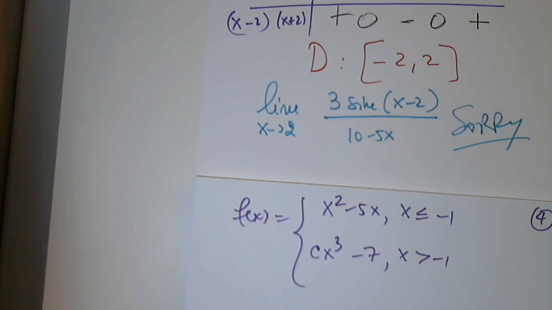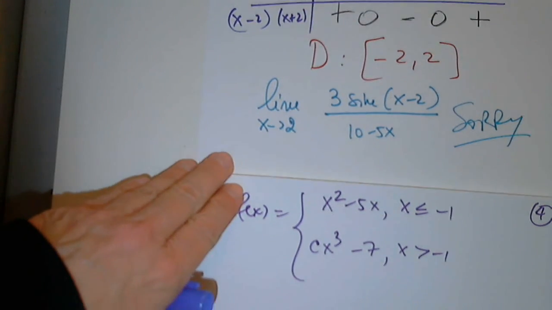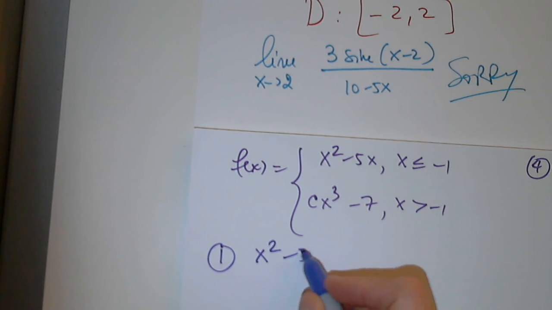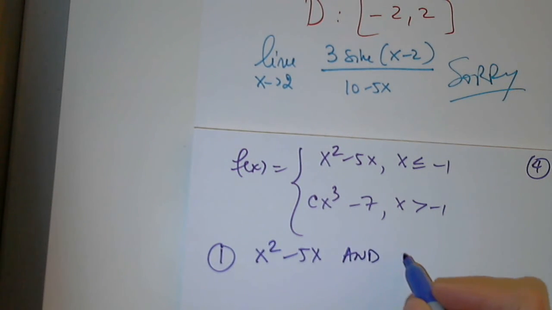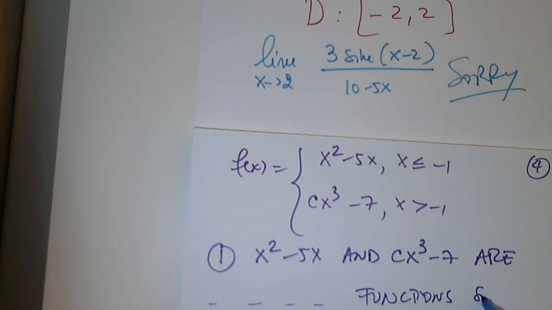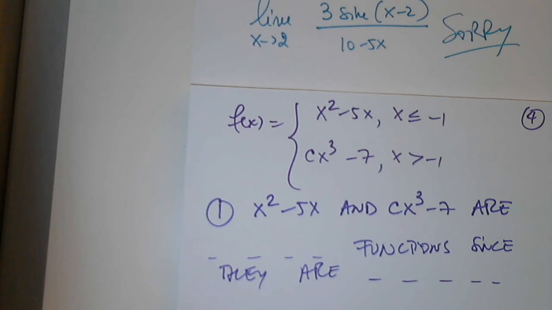Well, first of all, I have to explain that x squared minus 5x and cx cubed minus 7 are polynomials. This is extremely important. That's the first step.